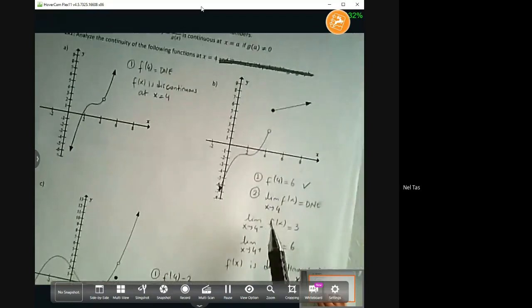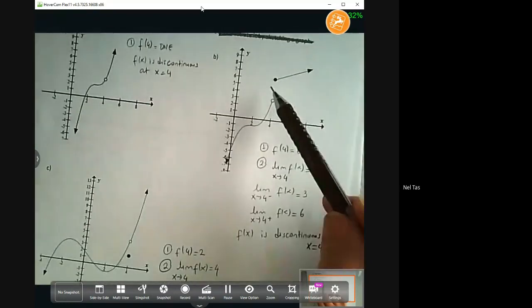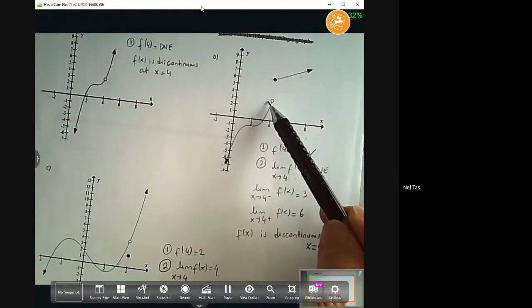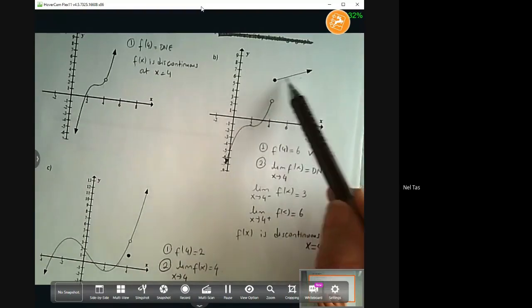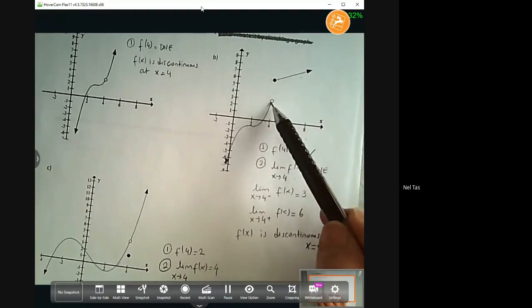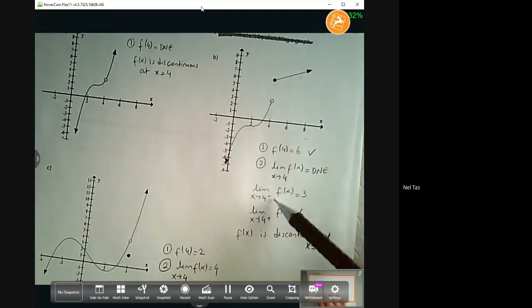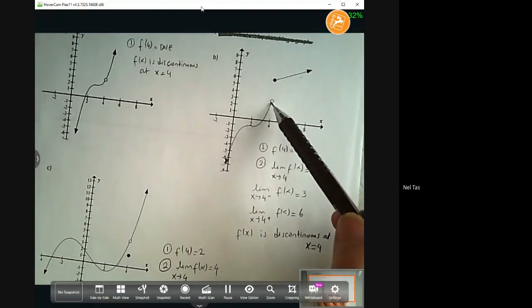Here we checked the left side and right side limit because, as you see, the graph is broken. There are two pieces here, so I showed the left side limit and right side limit. But actually you can directly see that the limit does not exist, without even doing this.